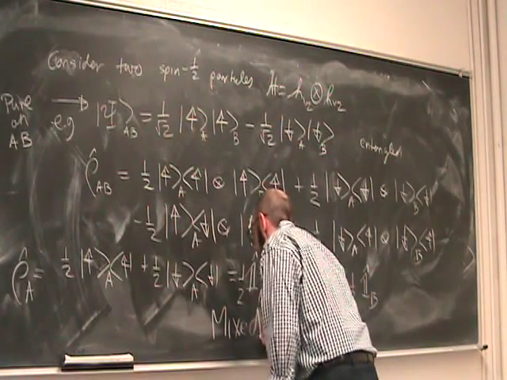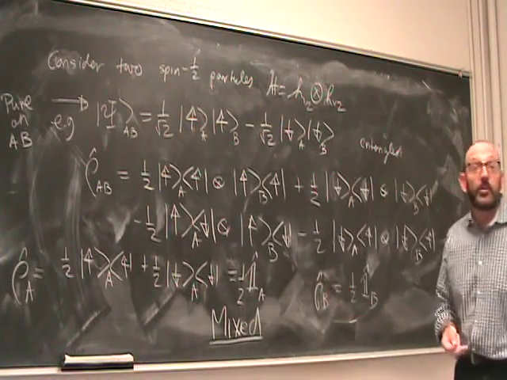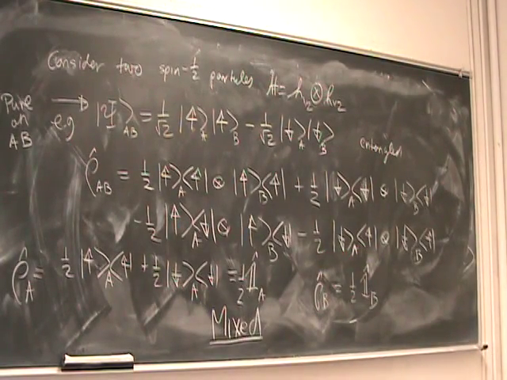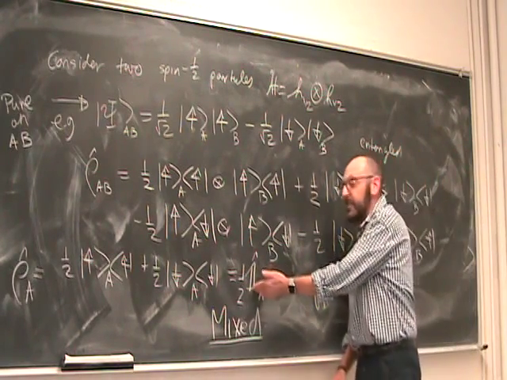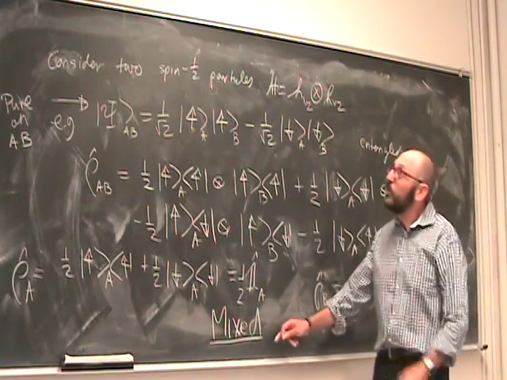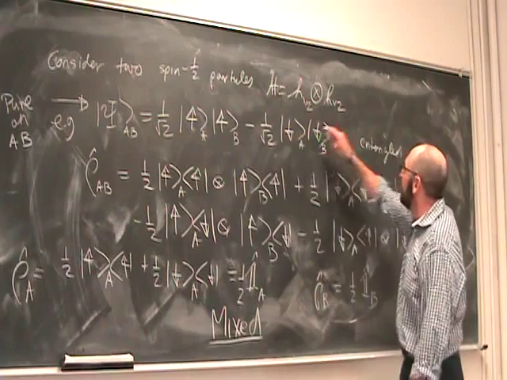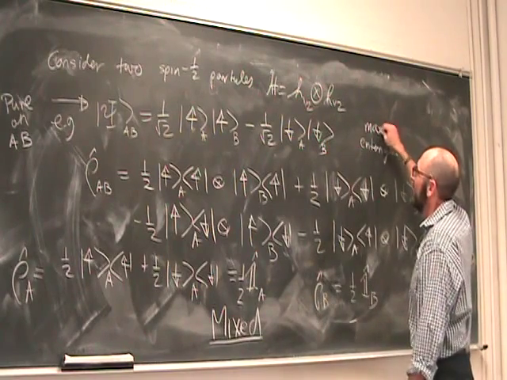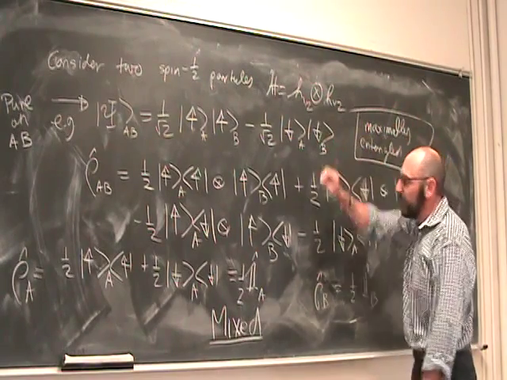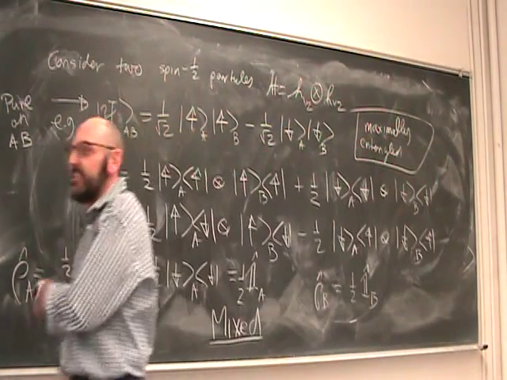Not only are they mixed, in this particular case, they're maximally mixed. They're as mixed as they possibly can be. There is no coherence left in the marginal states, which is, as we will see, an indication that this thing is maximally entangled.